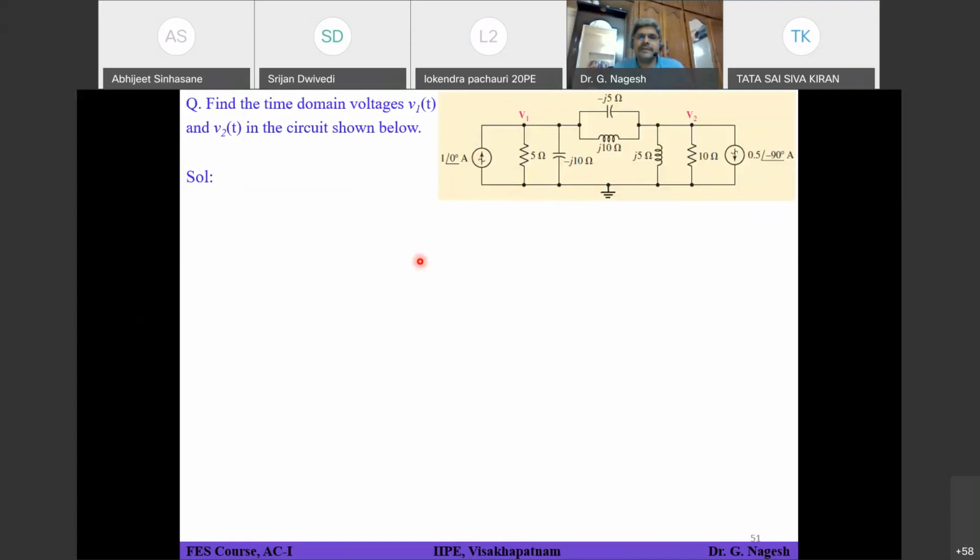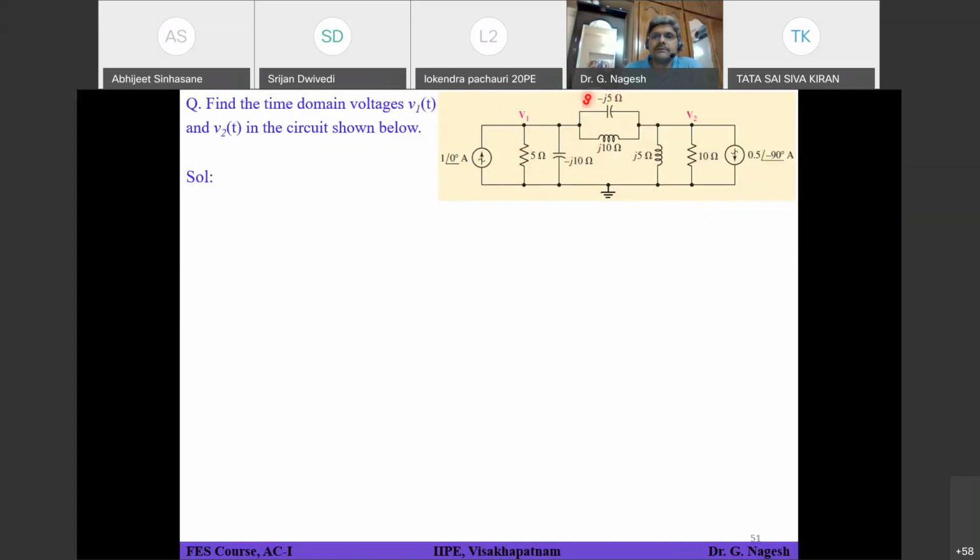Before writing, maybe we have to simplify these parallel branches. Try to simplify this parallel branch, as well as this one and this one. The 5 ohm resistor and the minus J10 ohm capacitive reactance are in parallel, so try to reduce it.